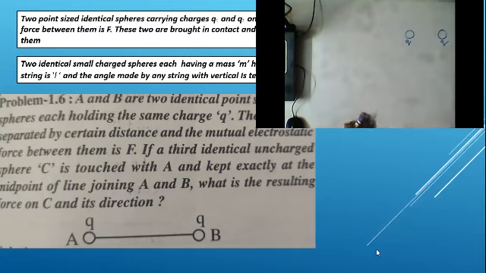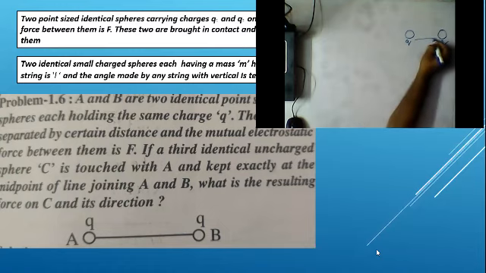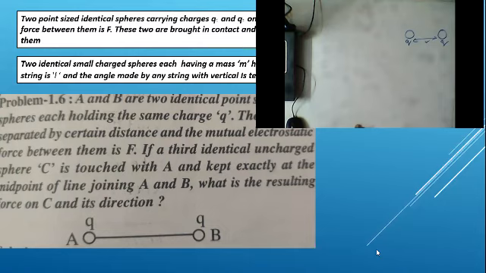Now what happens? These two are separated by a distance r. Now, if a third identical uncharged sphere C is touched with A, the situation is like this.